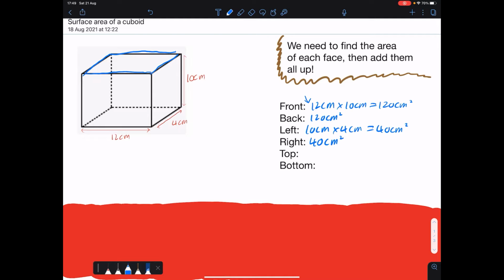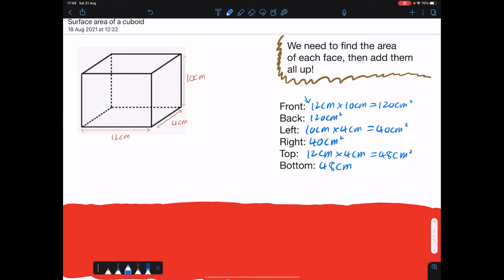So this rectangle has an area of 12 centimeters times 4 centimeters, which is equal to 48 centimeters squared. And again, just like before, the area of the rectangle found at the bottom of the cuboid is the same as the area of the rectangle found at the top of the cuboid. They are a pair of rectangles.